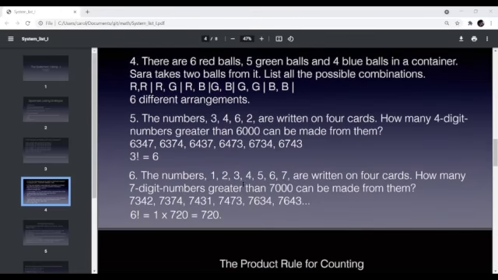The numbers 1, 2, 3, 4, 5, 6, and 7 are written on 7 cards.